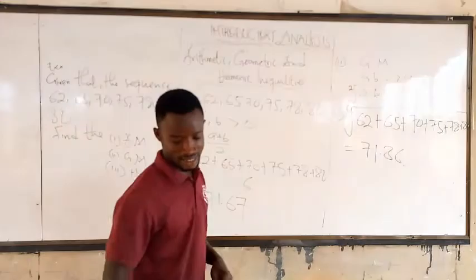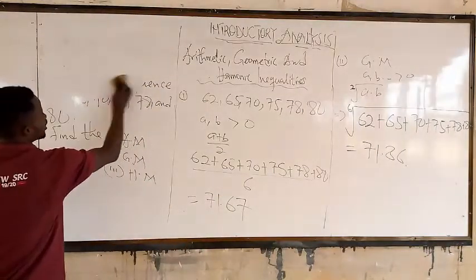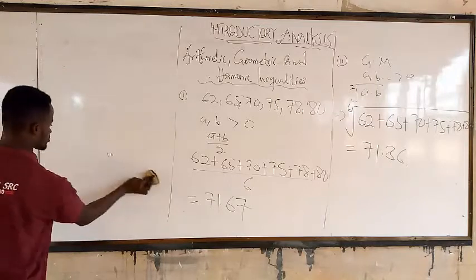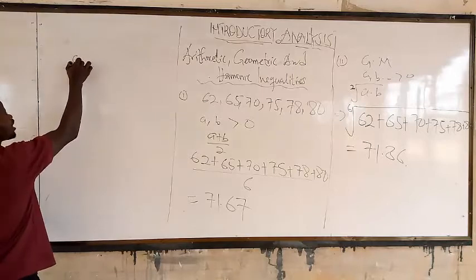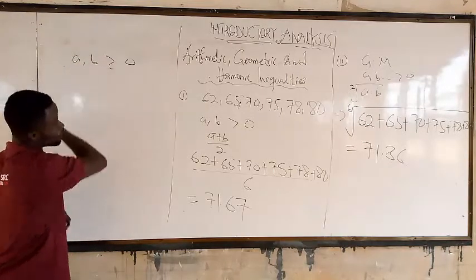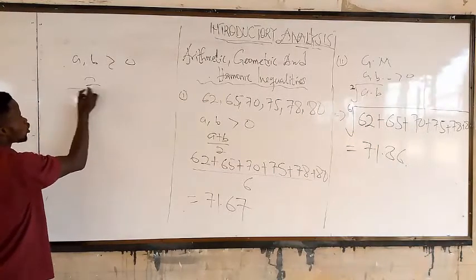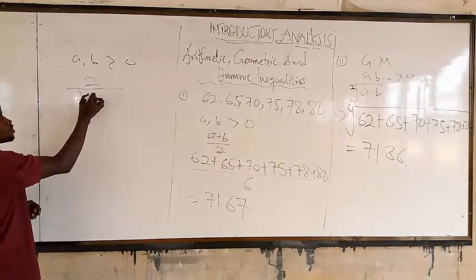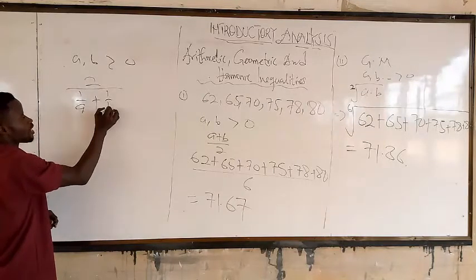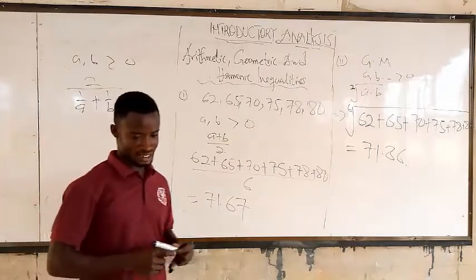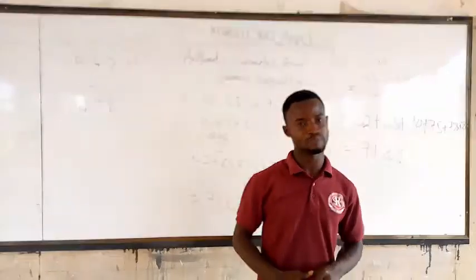Alright. Lastly, let's see the harmonic mean. For the harmonic mean, we said that if A and B are greater than 0, then how many are they? 2. So 2 over, then you take the inverse of each: 1 over A plus 1 over B. That is for the harmonic mean.